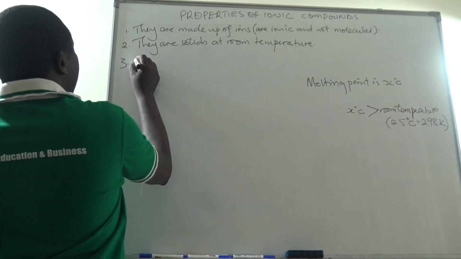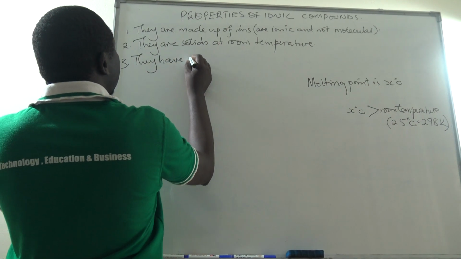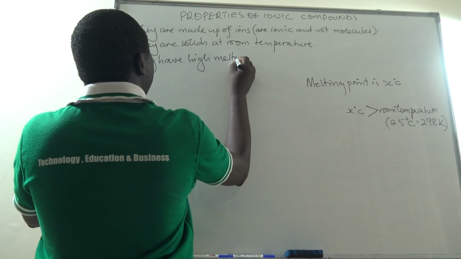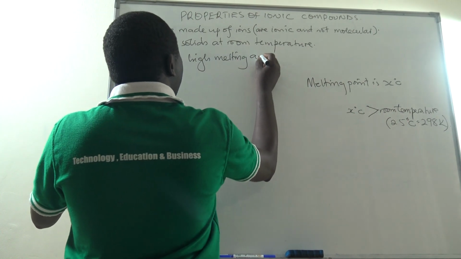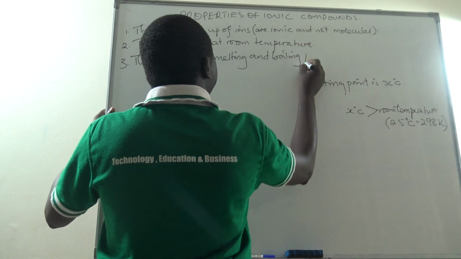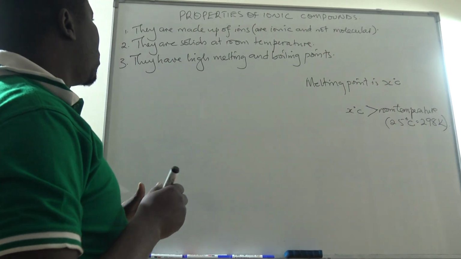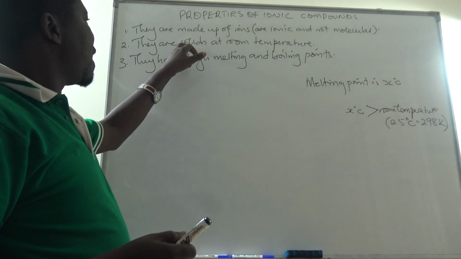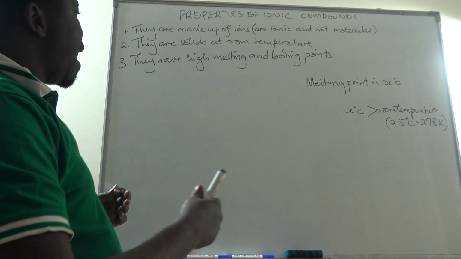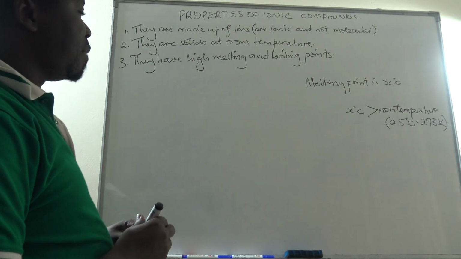Three, they have high melting and boiling points. They have high melting and boiling points on top of being solids at room temperature, meaning that their melting points are above the room temperature. Again, they have very high melting and boiling points.